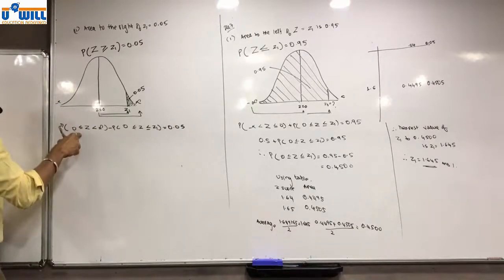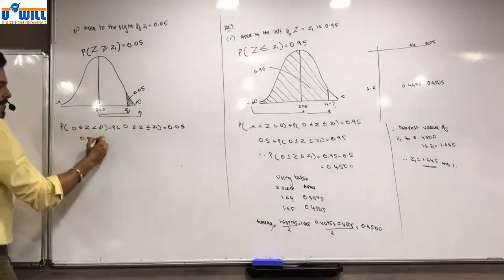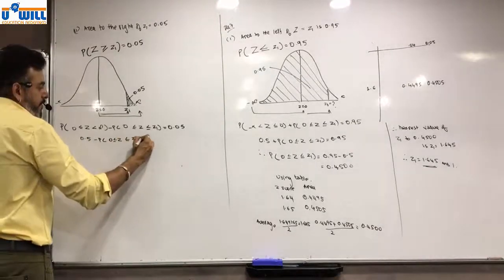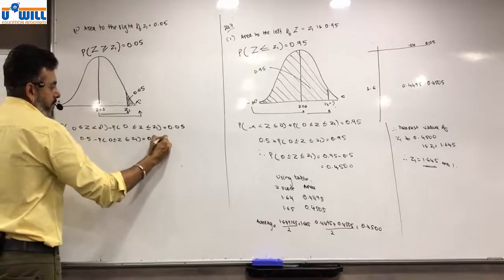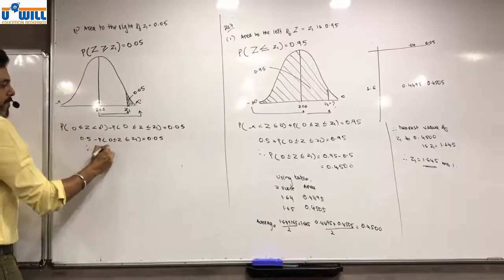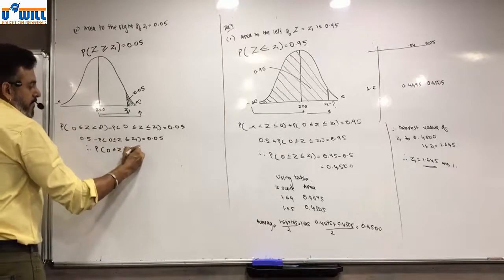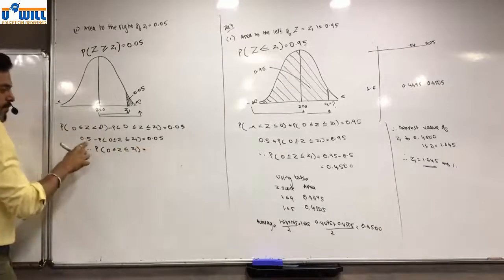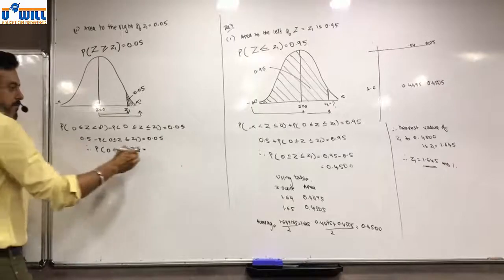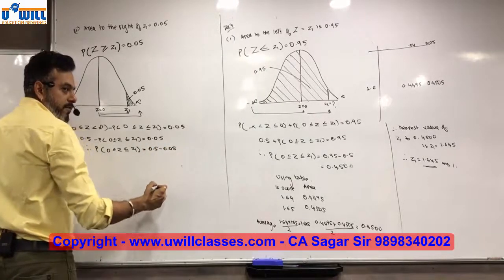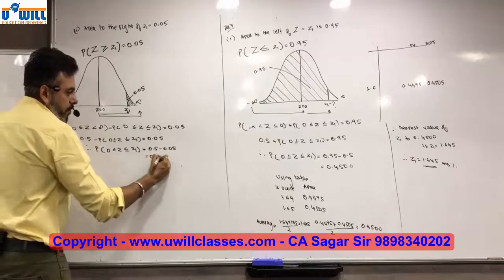Now this area is 0.5 minus probability of z greater than equal to 0 less than equal to z1 is 0.05. Therefore, probability of z greater than equal to 0 less than equal to z1 is equal to, ये क्या हो जाएगा 0.5 minus 0.05 equal to 0.45.